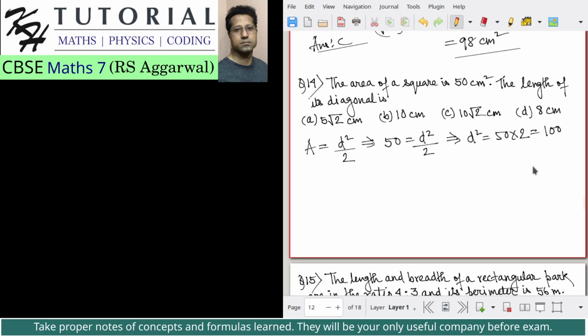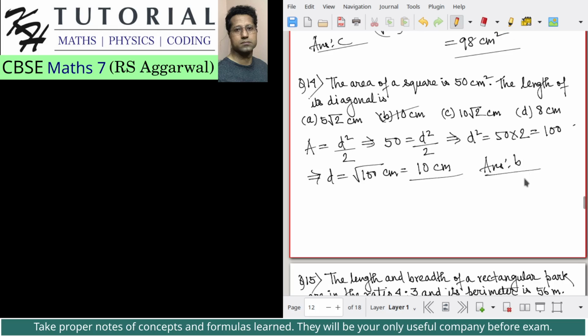I hope you will understand. So d square is actually 100 centimeter square, but I am not really writing the centimeter square. I am sorry for that, but I hope you will understand. This implies that d is equal to square root of 100, this much centimeter, which is equal to 10 centimeter. So the diagonal is 10 centimeter. So the correct choice is B. B is the correct choice.